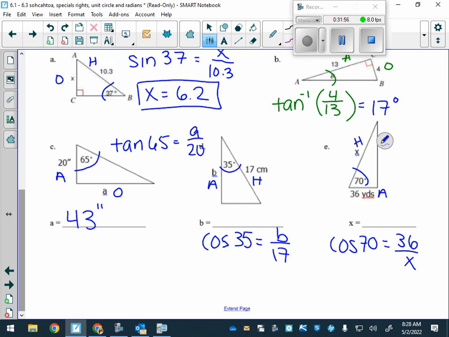How about D? Cosine of 35, B over 17. What is B? 14. Good. How about E?